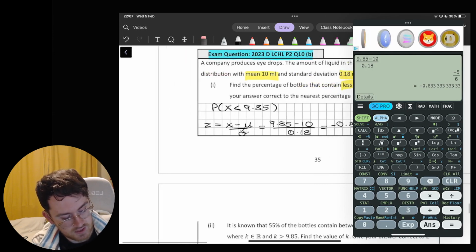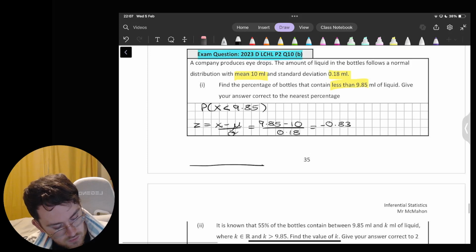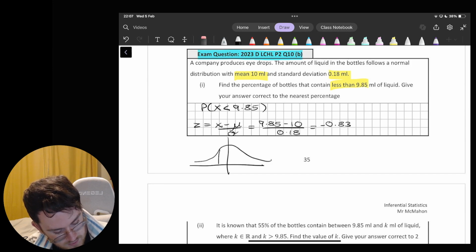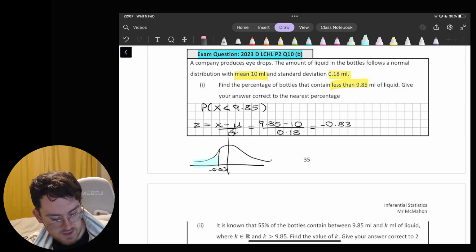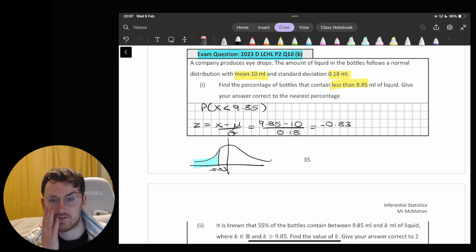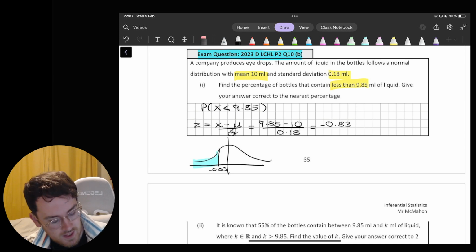Okay, minus 0.83. So we are looking for the probability that someone is, let's try and get a bit more accurate, around about here, minus 0.83. We are looking for the probability that somebody is in this region to the left of that. So that's the probability that they are less than minus 0.83.